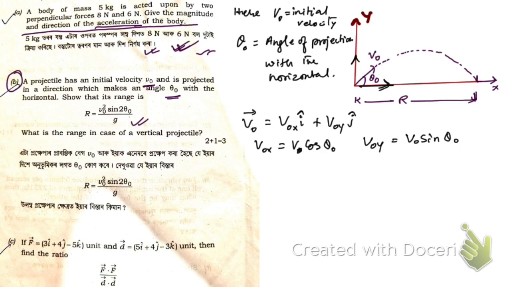Let me consider that it is projected from the origin. So when t is equal to 0, the initial position x0, y0 is 0, 0.